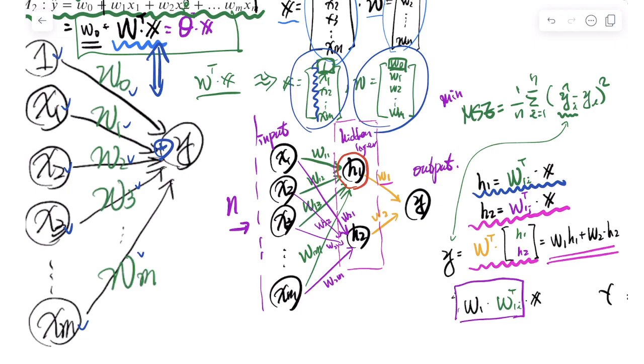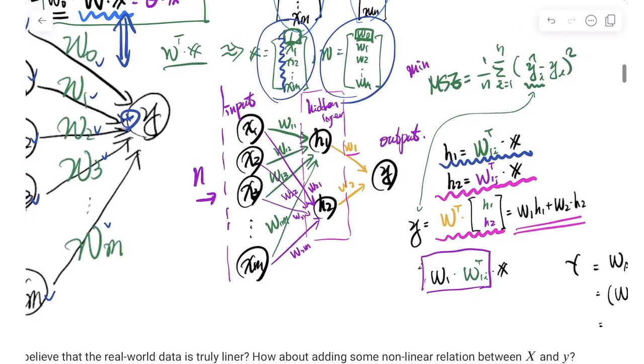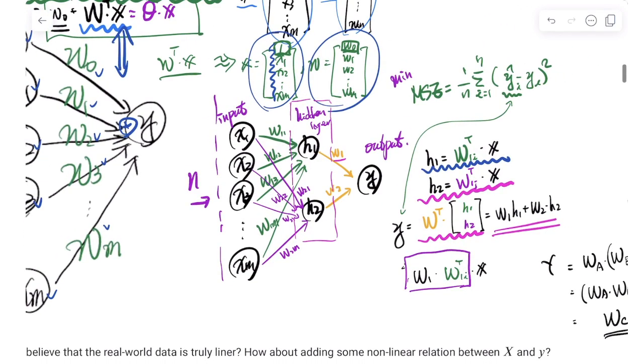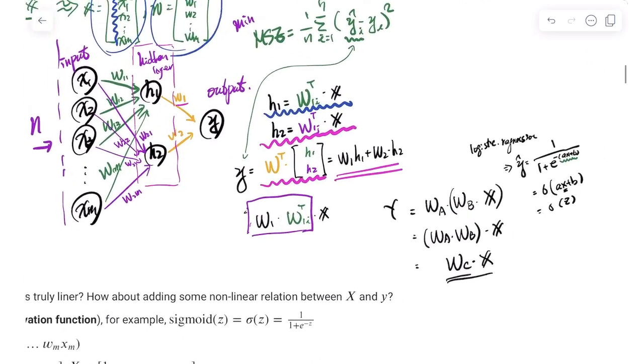The very first thing I would like to talk about is, if you simply randomly connect neurons from the input layer to several different hidden layers to the output layer, there's one thing you should notice.